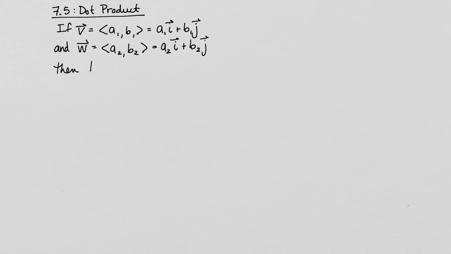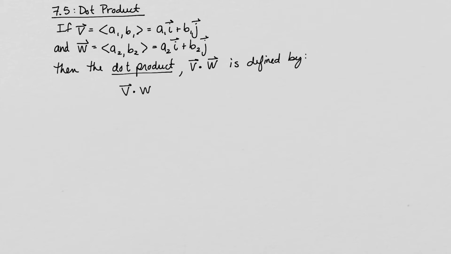Then the dot product V dot W is defined by V dot W is equal to A1 A2 plus B1 B2.